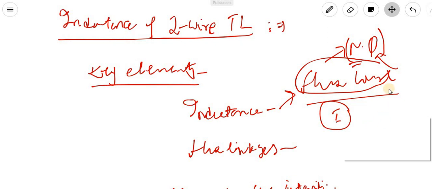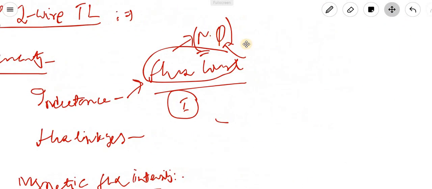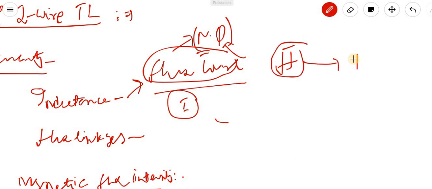It comes from the magnetic field intensity. And the magnetic field intensity is due to the current the conductor is carrying. Due to the current I, the magnetic field is there, which means the flux is there. If flux linkage is there, then inductance will also be there.